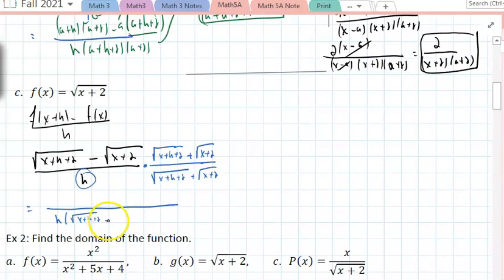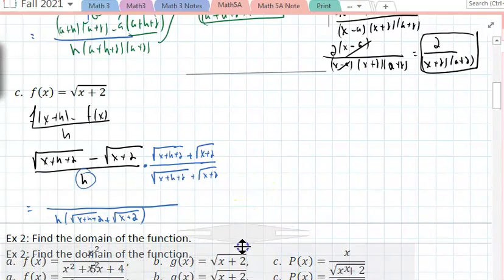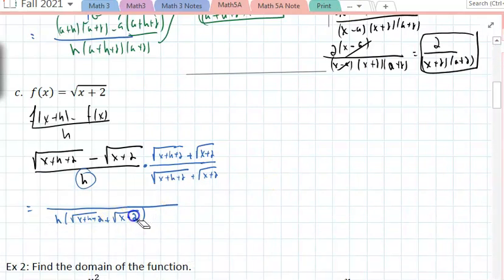Remember, we don't distribute the h because we want to cancel that. Otherwise you have to factor that afterwards. That's counterproductive. I don't know why I'm writing so small. I have all the space that I need. Here we go.